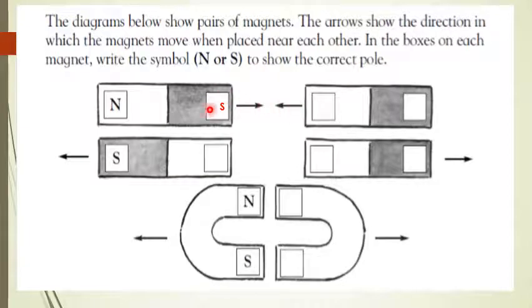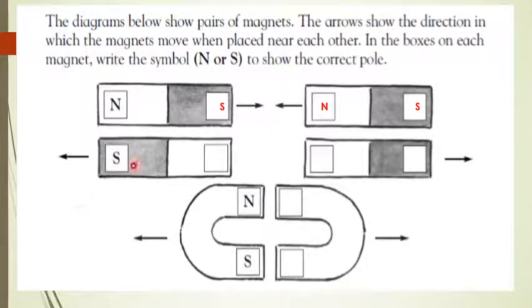And if the two magnets are attracted to each other, this should be similar or different from this pole? Yes, it should be different. So this is going to be the North Pole, and as long as this is the North Pole, this one is going to be the South Pole. I think it's very easy and very simple.